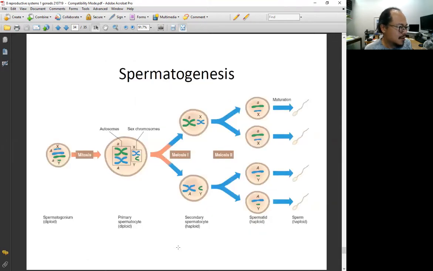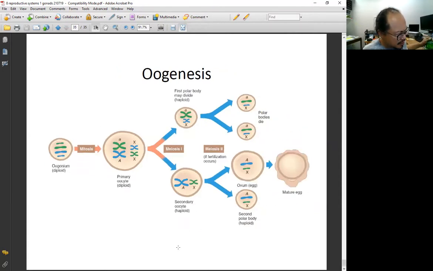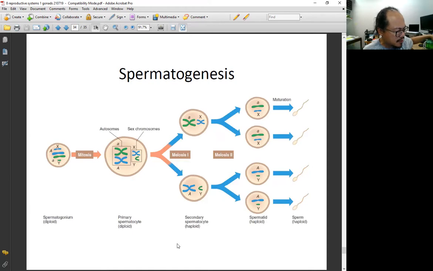And this one summarizes comparing the spermatogenesis as well as the oogenesis. In spermatogenesis, each primary spermatocyte can produce 4 sperms.